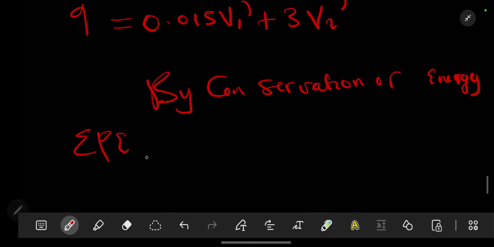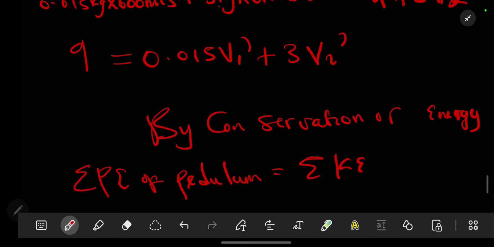So the potential energy of the pendulum should be equal to the kinetic energy of the pendulum.